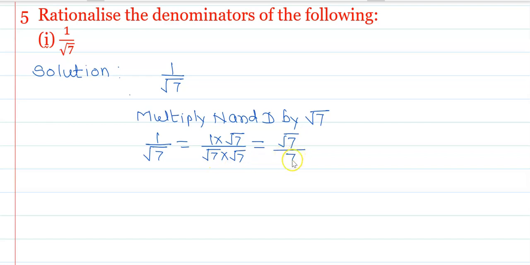Root 7 into root 7 is 7, and therefore we are getting the answer root 7 upon 7. The denominator is rationalized for 1 upon root of 7.